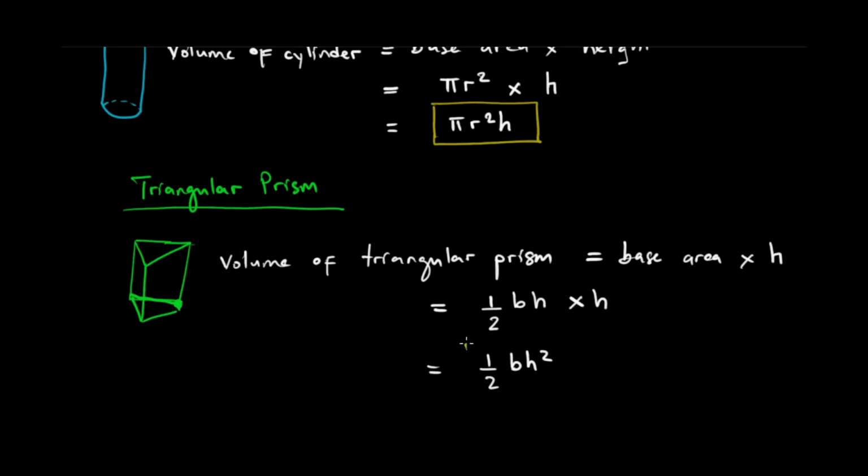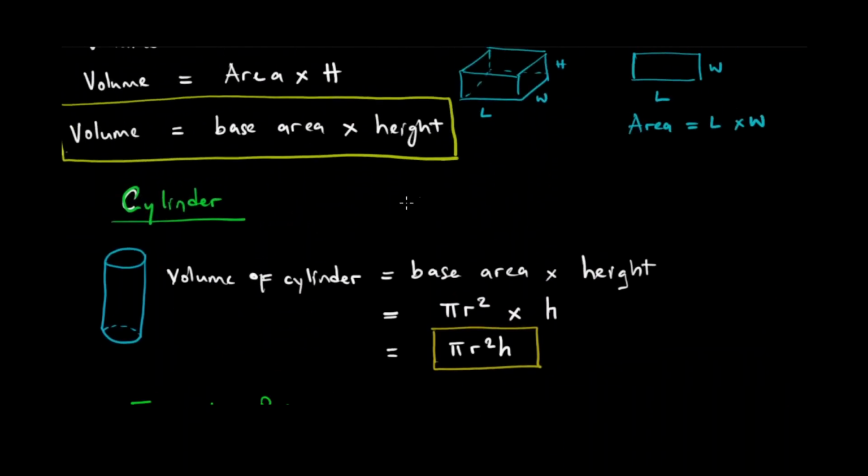So the idea is, in these formulas, to know where they come from. So if you understand that volume is basically base area times height, and you know what the base is, you can easily find the volume of any three-dimensional solid shape. So that is what I'm trying to instruct on here.